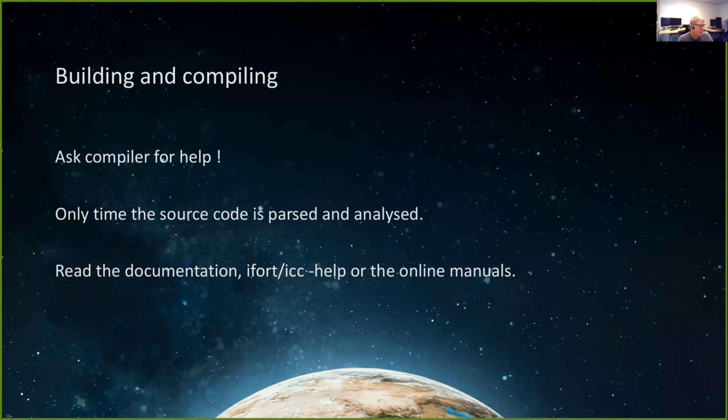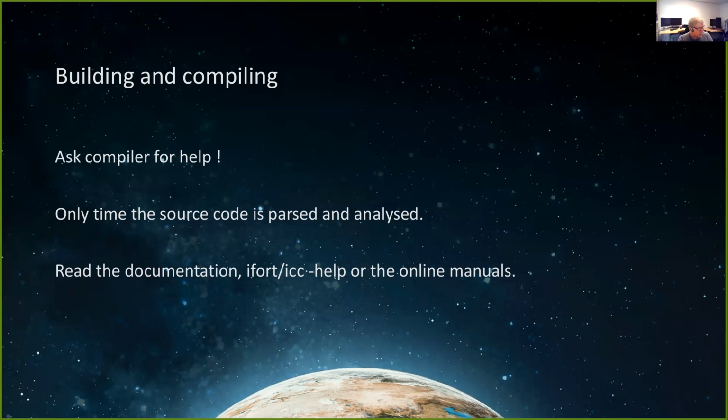You can ask the compiler for help. The compiler actually, I don't like using the word understanding, it is hard, but the compiler actually needs to partly understand what you want it to do, because it has to translate the source code into assembly instructions, which typically load A with B, add them together and so on, and store the result in memory.